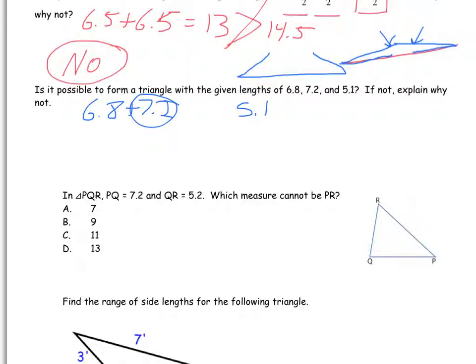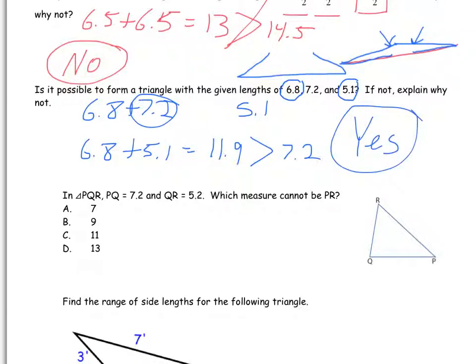What I really need to do is add up the two smallest ones. 6.8 plus 5.1 gives me 11.9. Is that greater than 7.2? Yes, it is. Therefore, my answer is yes. I can form a triangle with those sides.